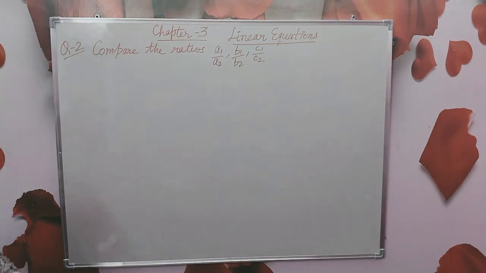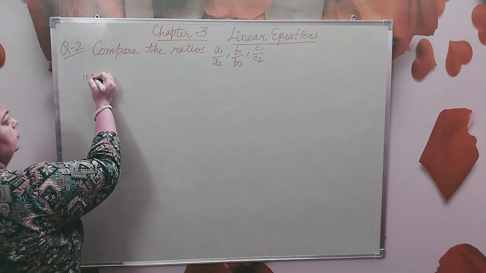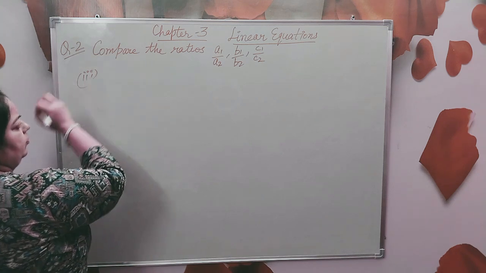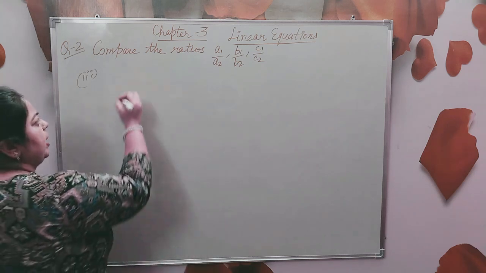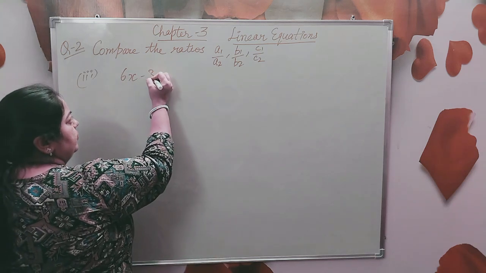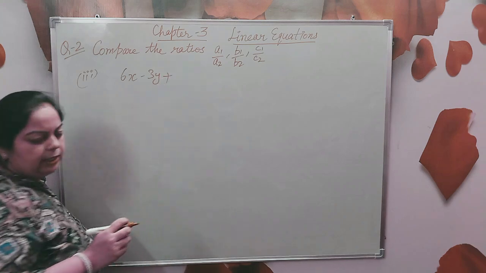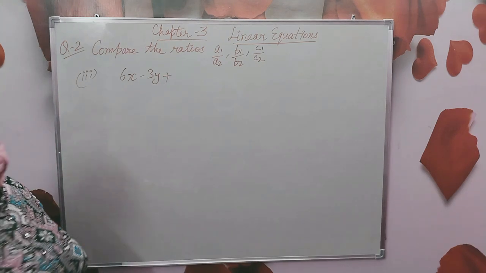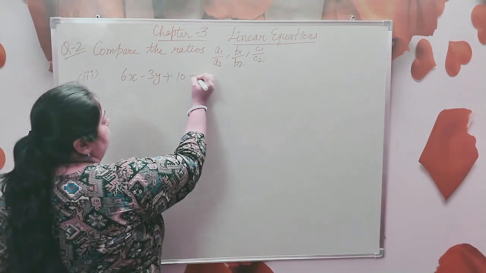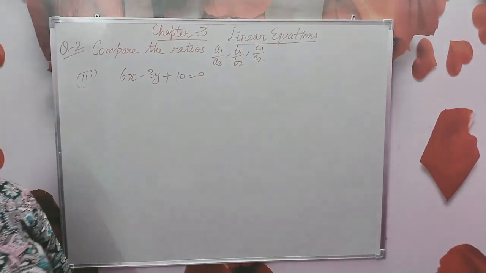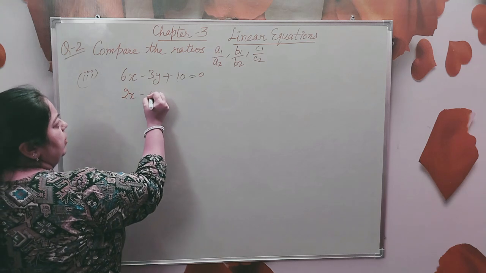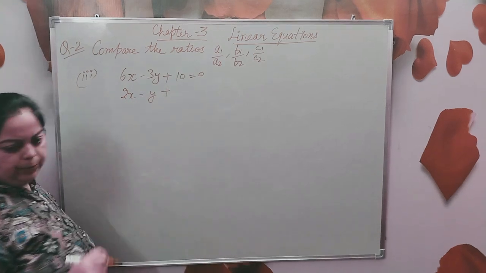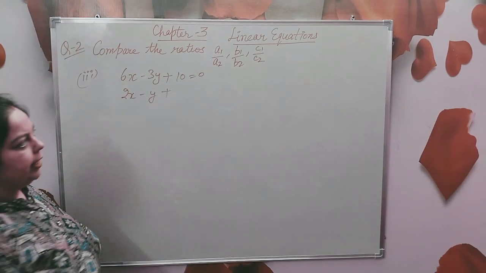Third sum. Now the third sum is 6x minus 3y plus 10, and the second equation is 2x minus y plus 9.